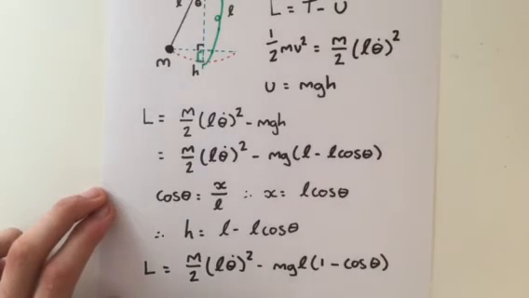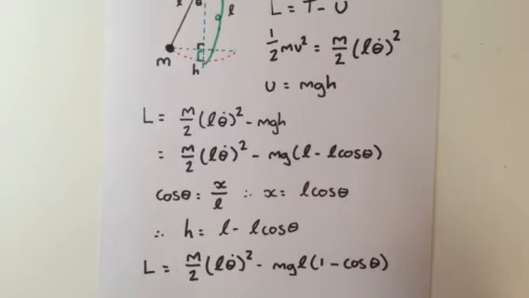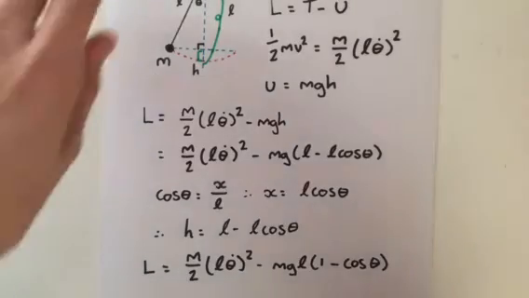Okay, so we found a Lagrangian, that wasn't too hard, but we need to find the equation of motion. The equation of motion is given by the Euler-Lagrange equation.